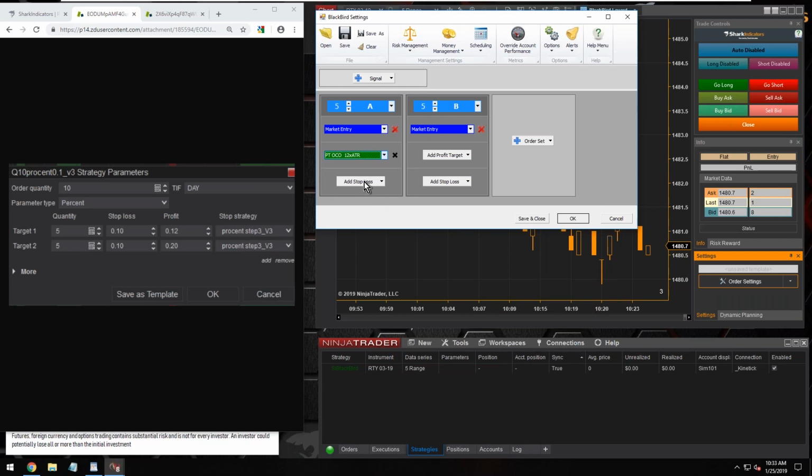Next, let's set up the stop loss. So it's a 10% stop loss there. Or, well, since I'm not familiar with the ATM's percentage, I'm kind of wondering, maybe that is 0.1%, not 10%.